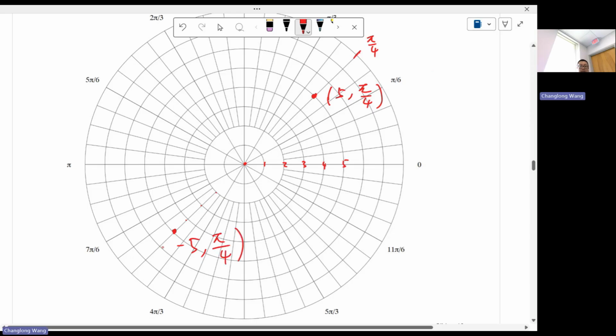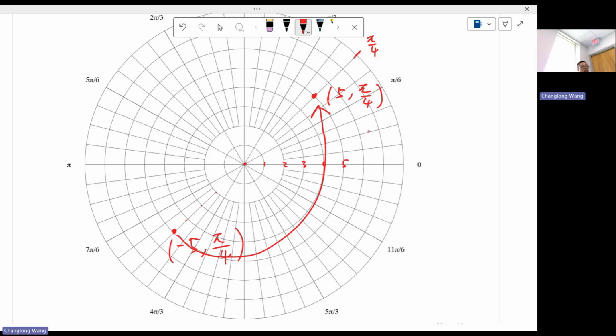But unfortunately, this is not the same point I want. How would I change it back, but keep the negative 5? You cannot change the r anymore, so play with the angle. If I turn it back, what's going to happen to the angle?